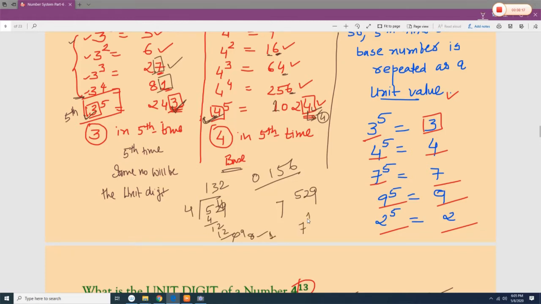So 7 to the power of this remainder, which is 7 to the power 1, so the unit digit will be 7. So for 7 to the power 529, the unit digit will be 7.